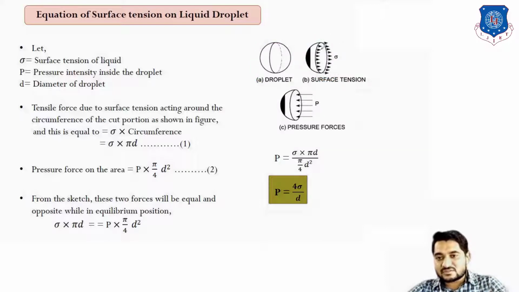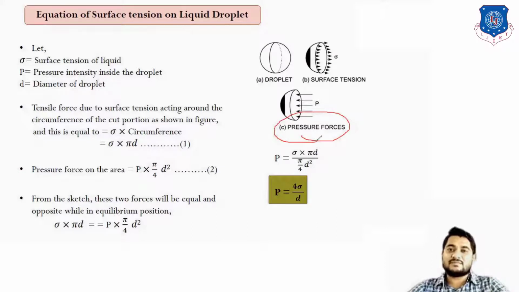See here, at the circumference of this circle, surface tension forces are acting on the outer side. For balancing surface tension, some forces will be there, that is pressure forces. But you have already known about it: pressure is always applicable to the cross section area. Remember this. Surface tension is always applicable to the surface area, but pressure is always applicable to the cross section area. At the end, surface tension force and pressure force, both the forces are in equilibrium. So we have to balance both the forces.